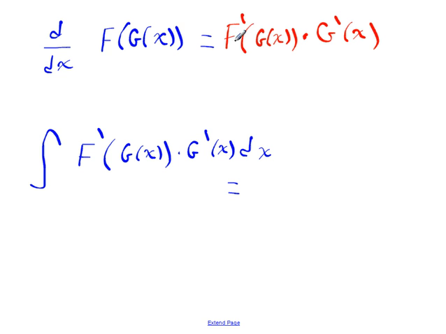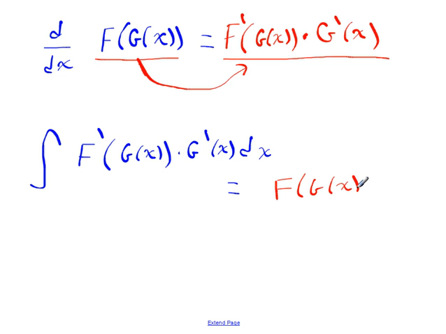So, if the derivative of f of g of x is this, what would be the antiderivative or the integral of f prime of g of x times g prime of x? Well, the derivative of this is that. So the antiderivative of my integral here should be just f of g of x, plus c.